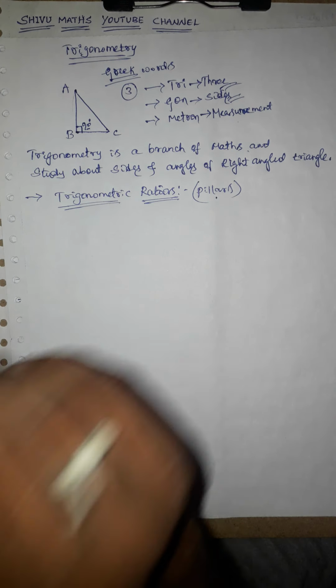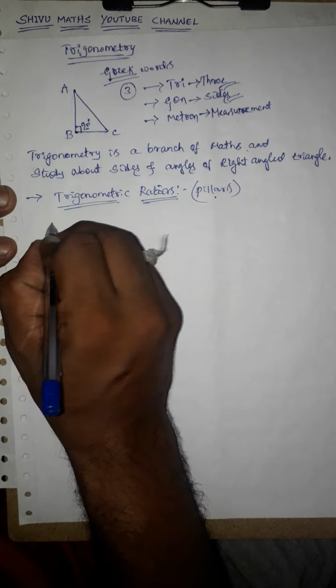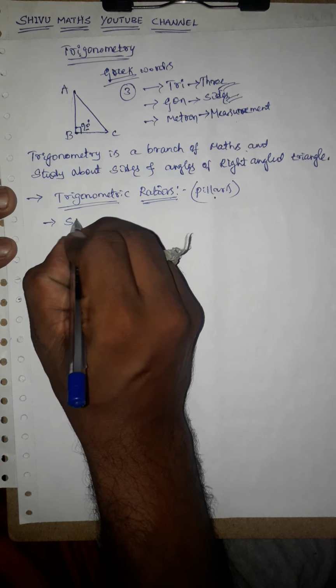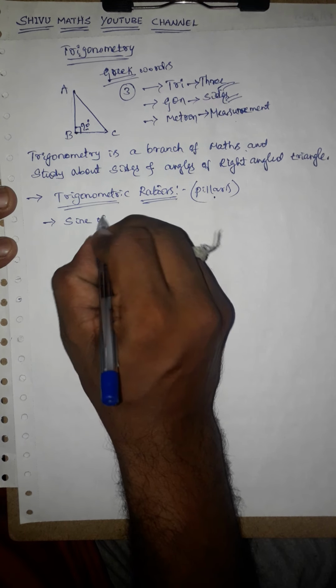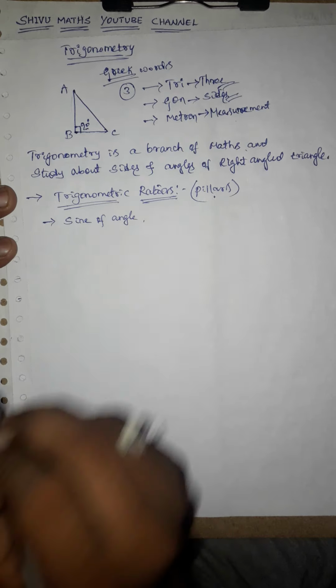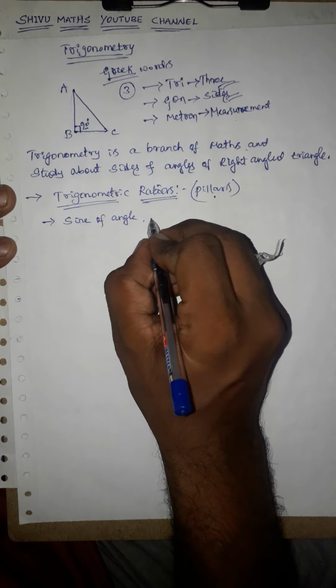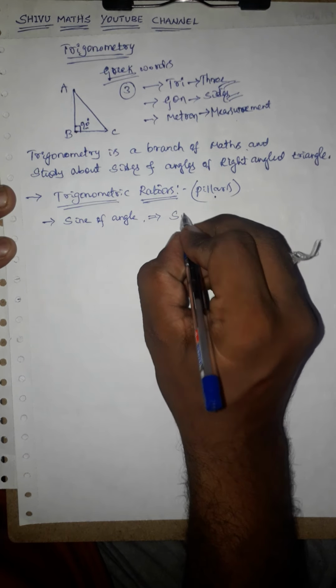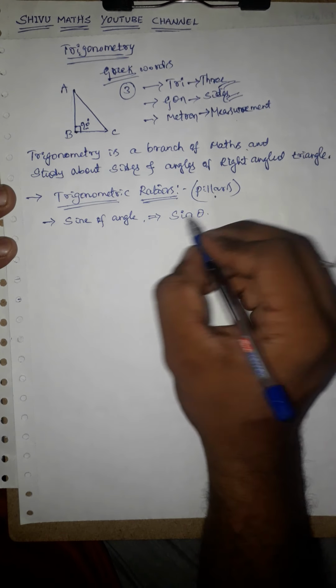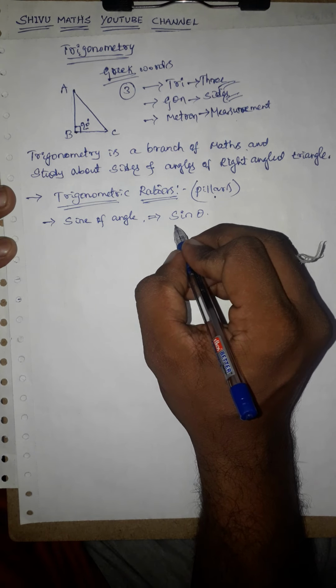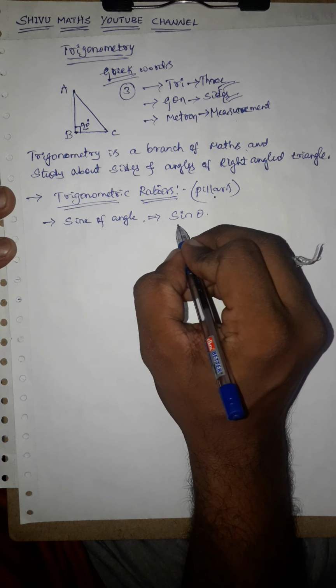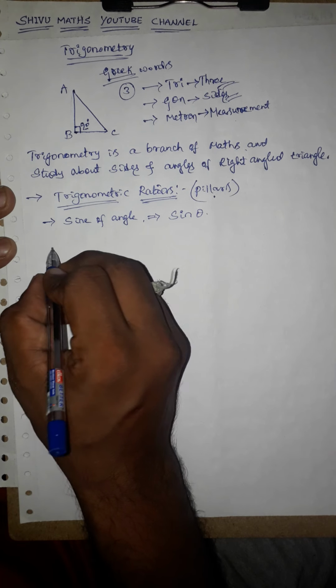The first ratio is sine of angle. We abbreviate it as sin theta, and we read it as sine theta.